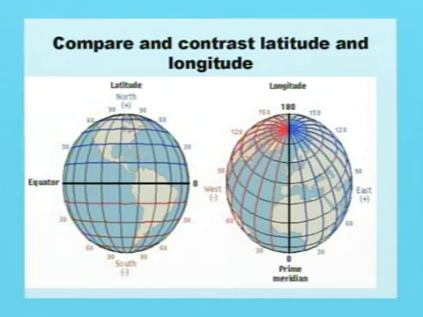On the right, we have the longitude. And notice the longitudes are circles running through the poles, that is the North Pole as well as the South Pole. And you see a dark vertical line showing there. At the bottom, you see 0 degree, and at the top 180 degree. That line is called the prime meridian line, and it is used to measure time.